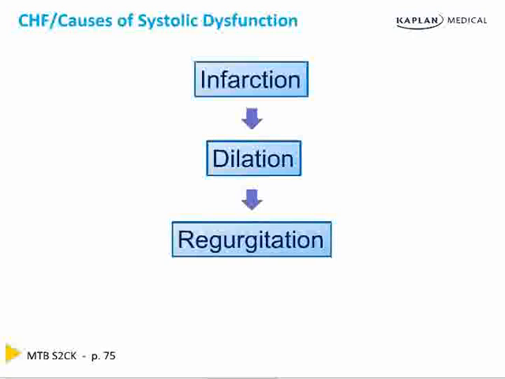No one infarcts their heart and gets a shorter, tighter, more efficient heart. Infarction automatically must lead to dilation and regurgitation. No one becomes more efficient as they become dead. That'd be like saying he had a stroke and he became an Olympic athlete. That doesn't happen. That is why automatically infarction dilates, regurgitates, and leads to congestive heart failure.